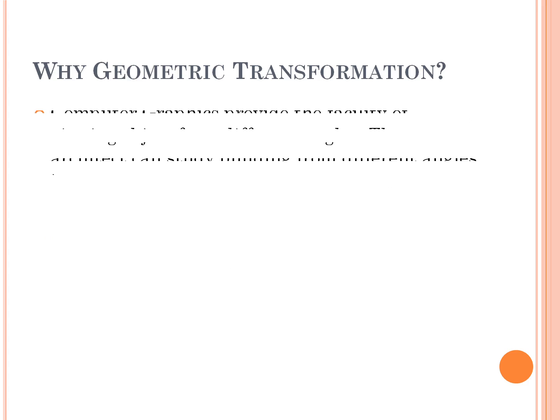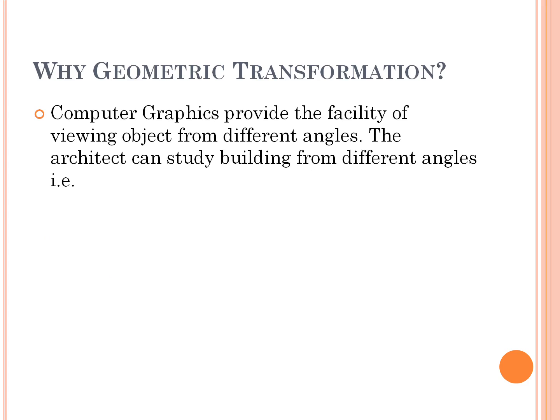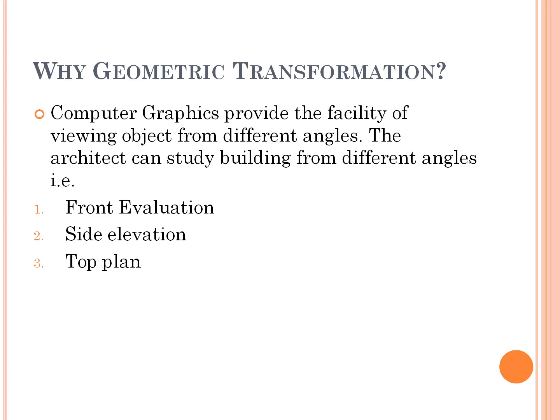Why do we need geometric transformation? If we look at an object, there are basically three different angles from which we look at it. First, the front view of the object, then the side view, or the top view.